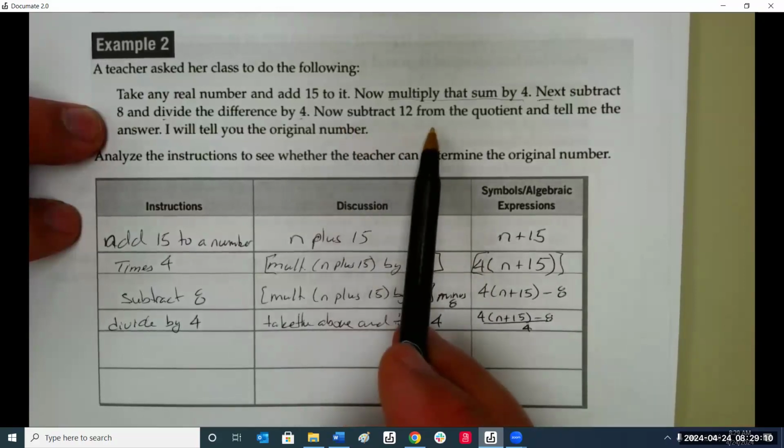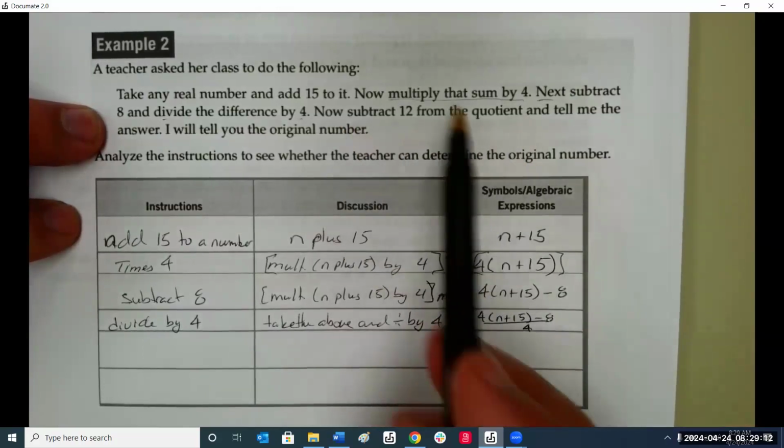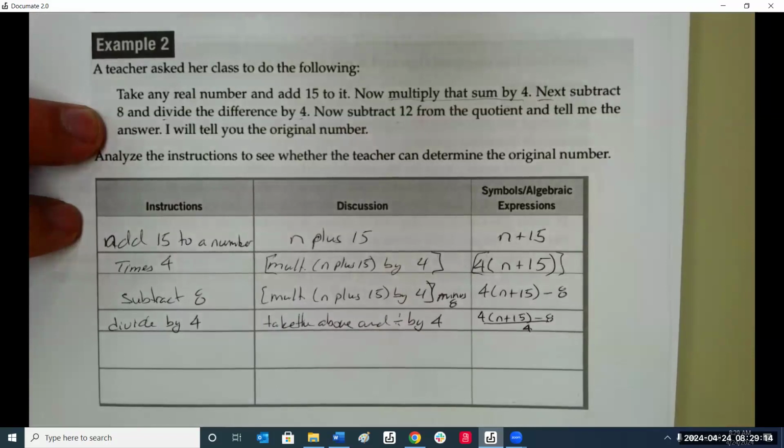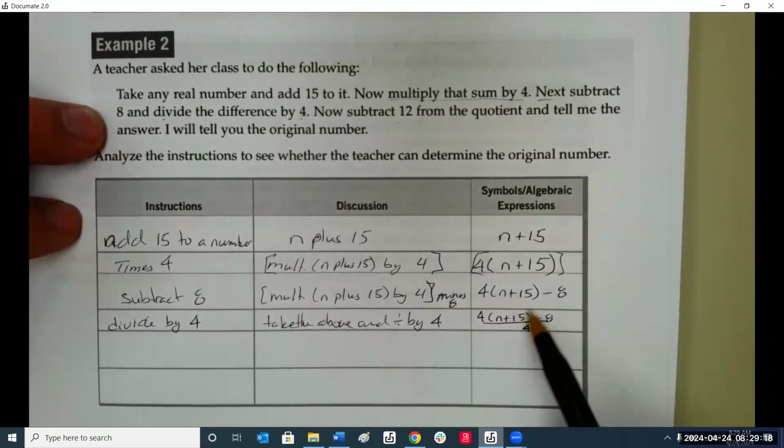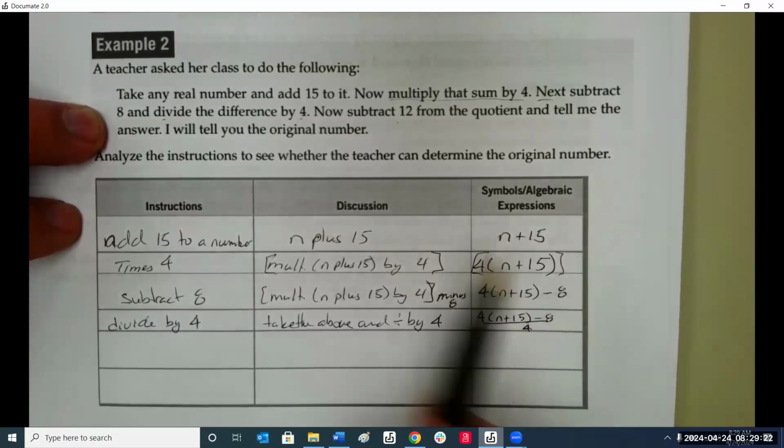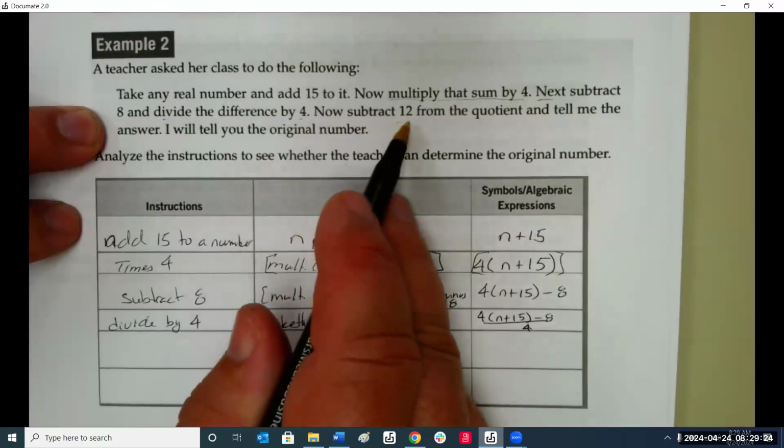Now, subtract 12 from the quotient. What does quotient mean? Yeah, fraction. The quotient means fraction. So whatever you have in your fraction, subtract 12 from it.